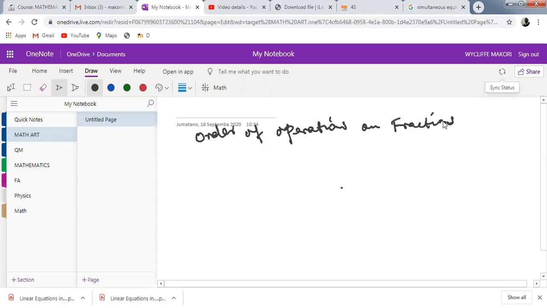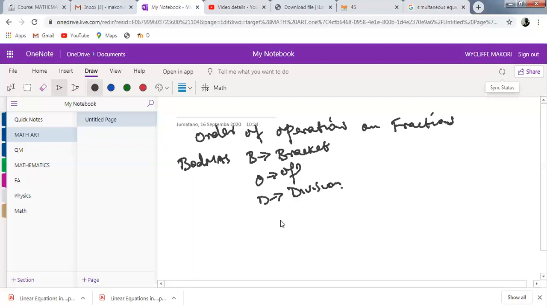When we talk about the order of operations on fractions, in simple terms, we are referring to the idea of BODMAS, whereby we have the B standing for bracket, O stands for of, D standing for division, M goes for multiplication, then A is the addition, and the S goes for subtraction.